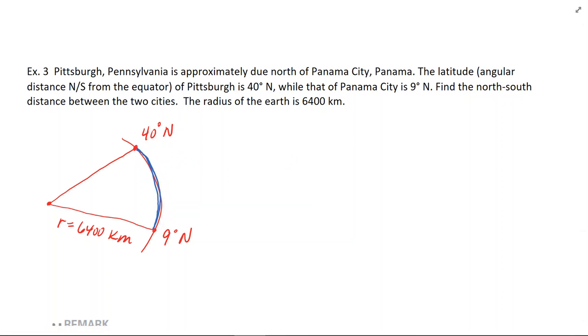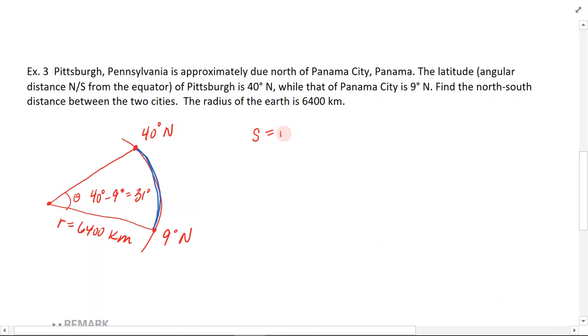But what I need to know before I go any further is this angle of distance, or rotation, from Pittsburgh to Panama City. So I would just need to subtract 40 degrees minus 9 degrees, which is going to give me 31 degrees. So now I have the missing information I need to solve this.